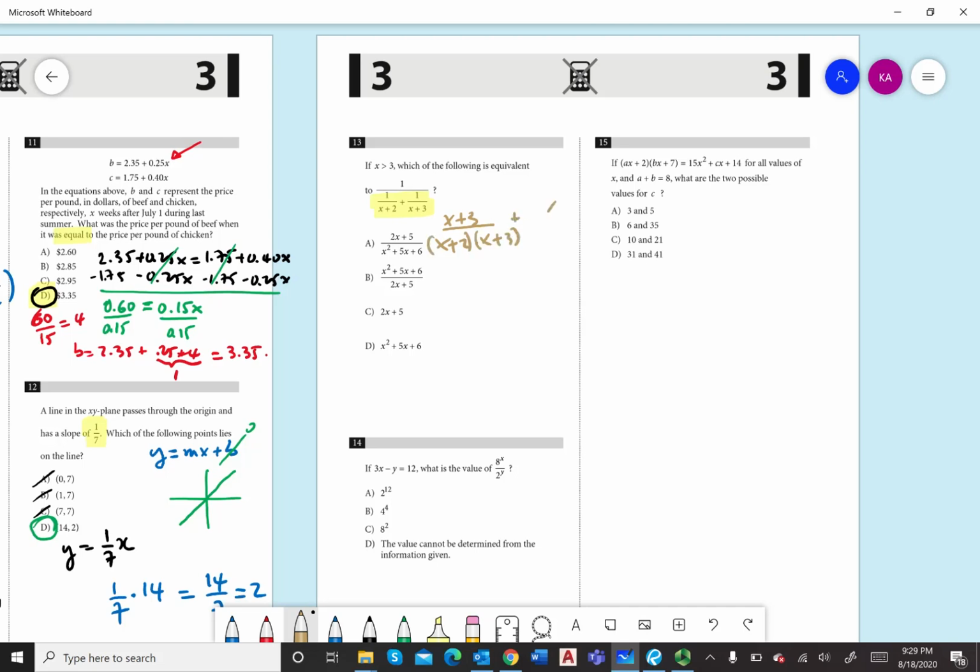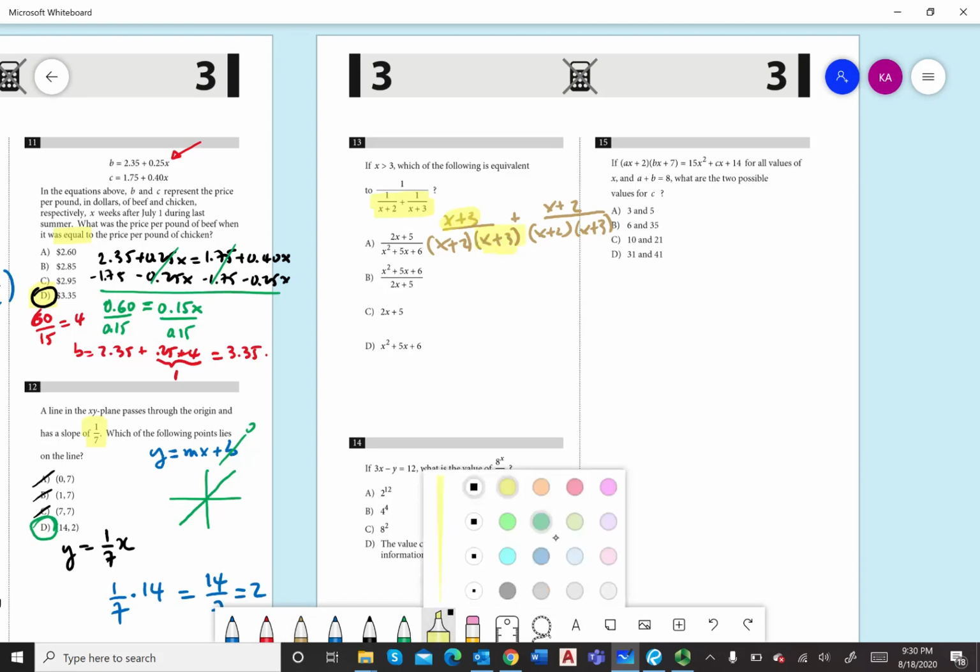Then I add x plus 2 over (x+2)(x+3). I multiplied this first one by (x+3) divided by (x+3). So let me show you what I multiplied over here.